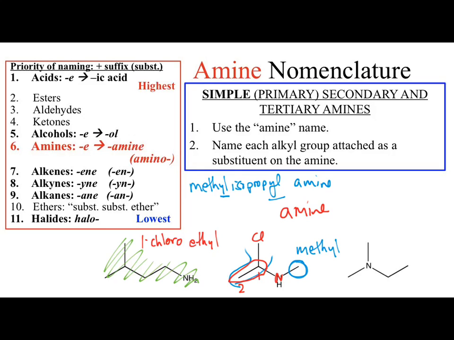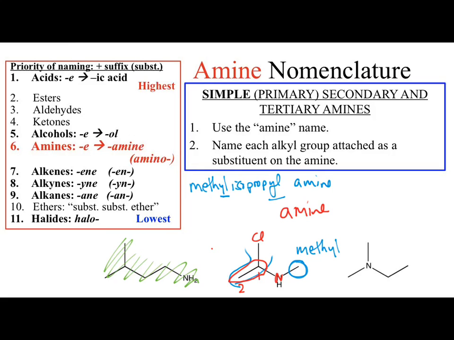Okay? Is the 1 necessary? The 1, just like in any other situation, can be assumed. So if we leave the 1 off, it is assumed the chlorine is at position 1, or the methyl is at position 1. It's a bit dicey when you start trying to name it out like that, but it works.